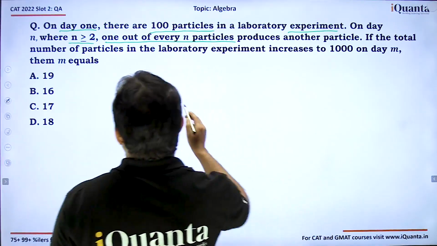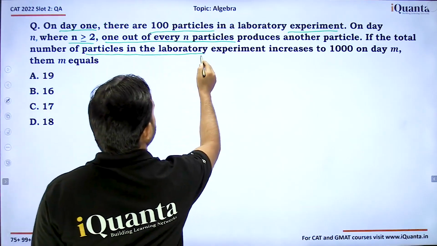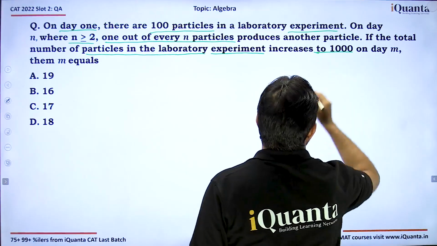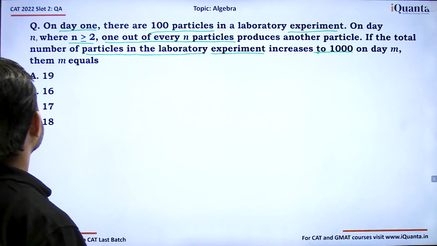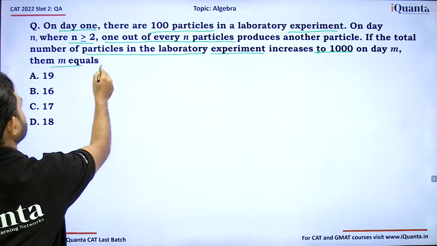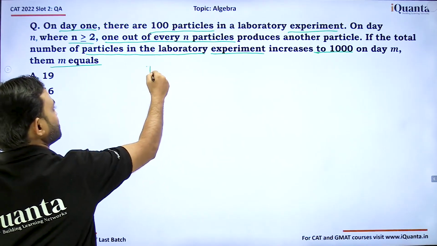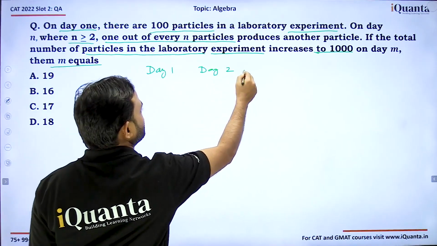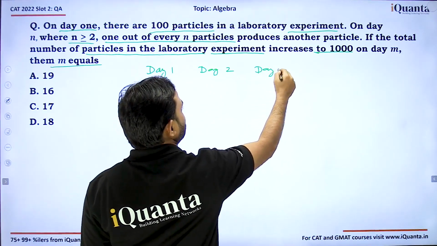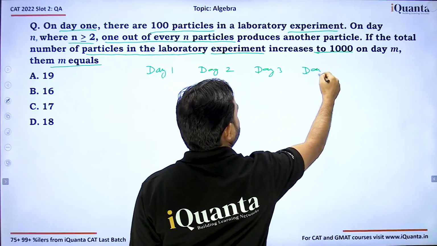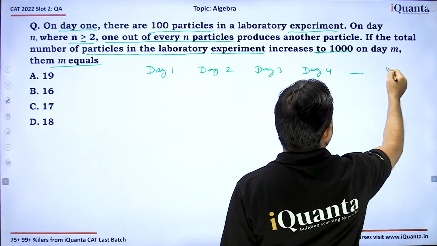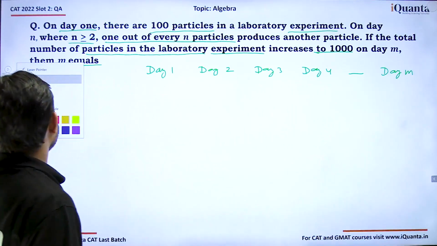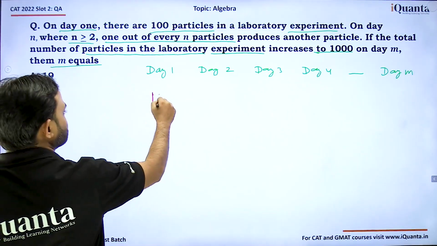If the total number of particles in the laboratory experiment increases to 1000 on day m, then m equals. So let's talk about day 1, day 2, day 3, day 4 and day m, right? On day 1 there are 100 particles.